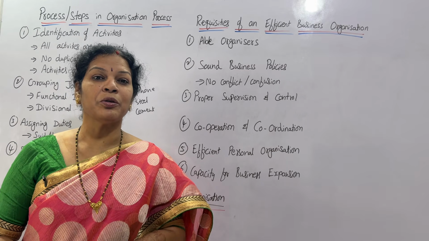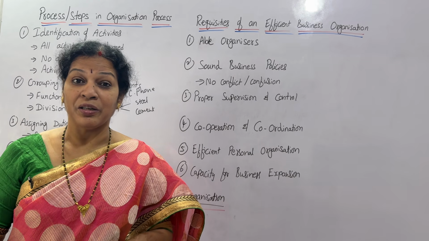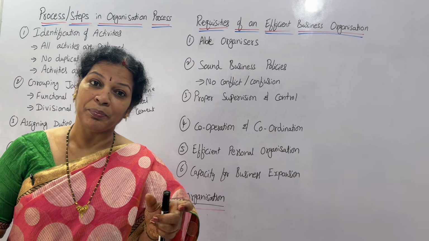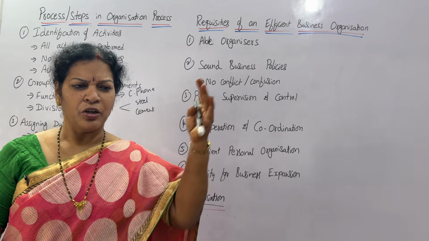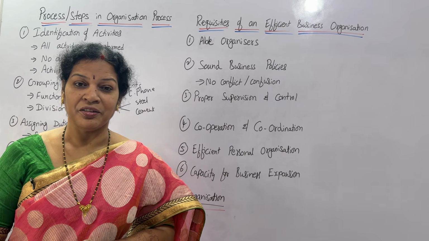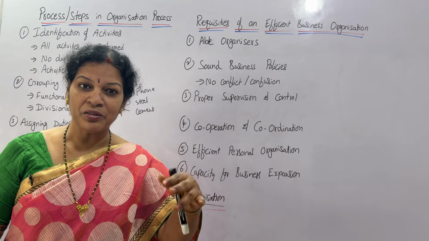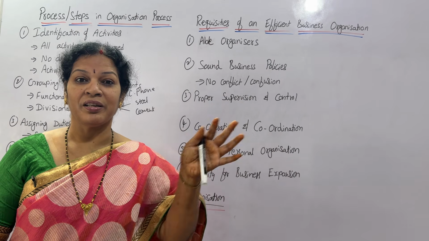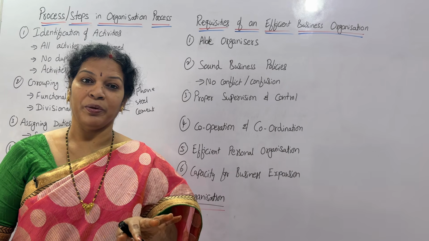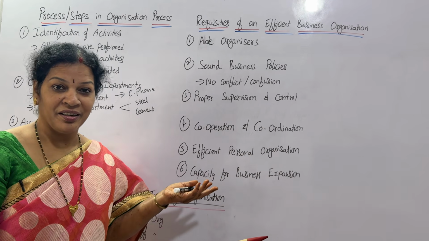That comes with the coordination of all the departments and cooperation between all the employees, top to down, everything is interlinked, right? Subordinates have to report to their boss, that boss is going to report to another boss, so there should be proper cooperation and coordination. If this is there, anything can be done.